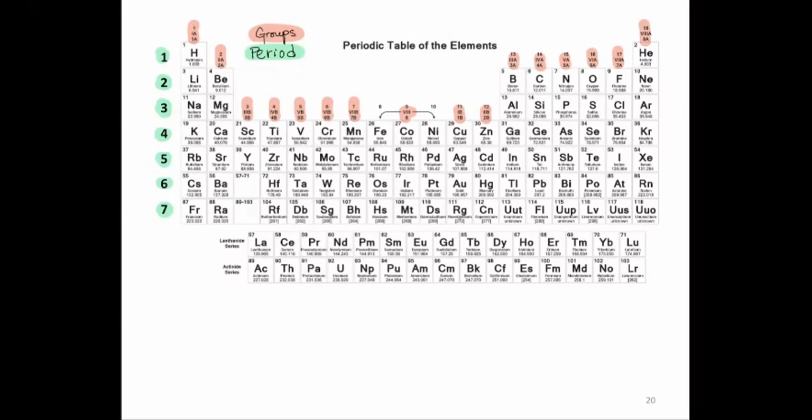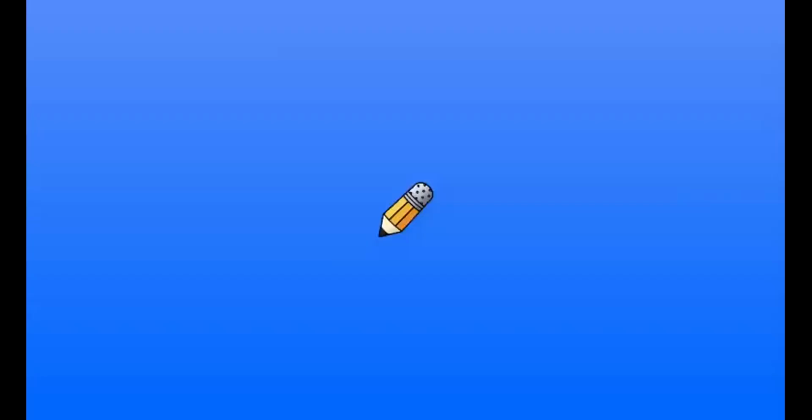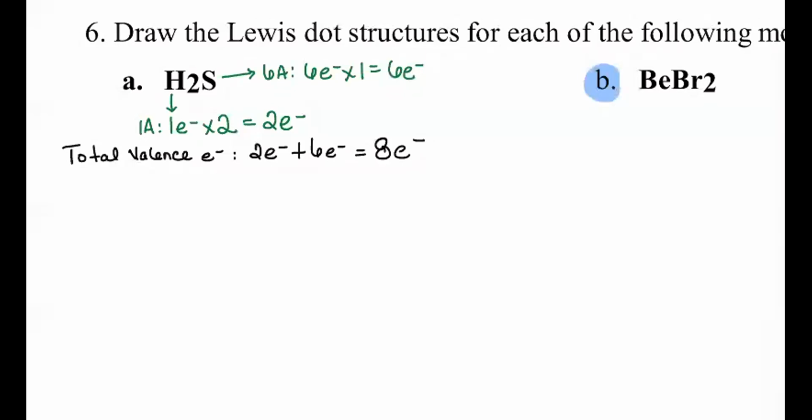Let me go back. So sulfur is going to be our central atom. So sulfur is our central atom, because we have to look at metallic character. Let me just verify this. Give me one moment.